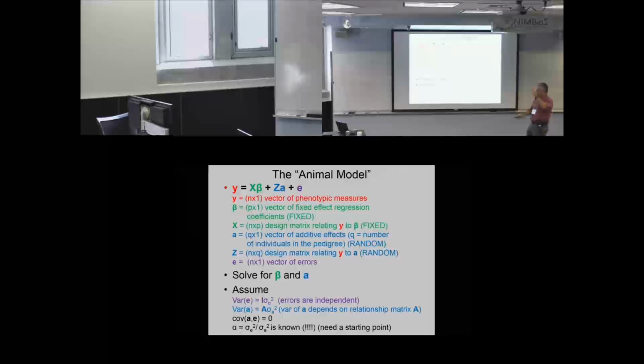For every individual measured, you get this error. So what we're doing here is taking the variation in Y, in this vector of phenotypic measures, and partitioning it into fixed effects, random effects, which include the additive values that will give you the additive variance you're interested in, and the error term.